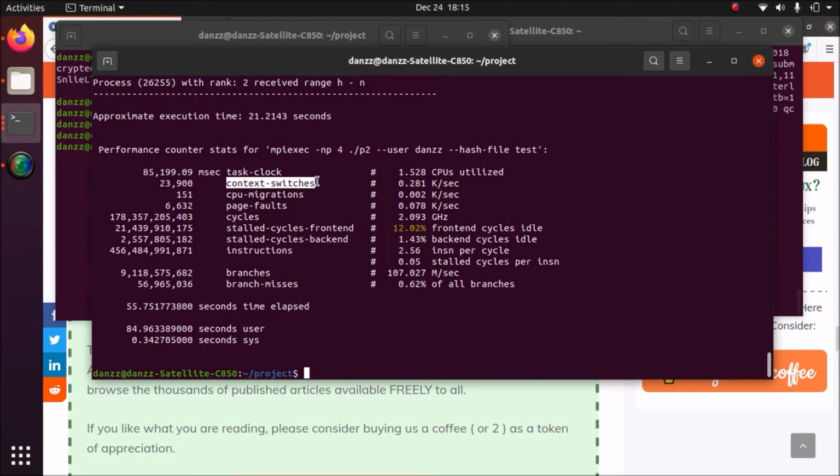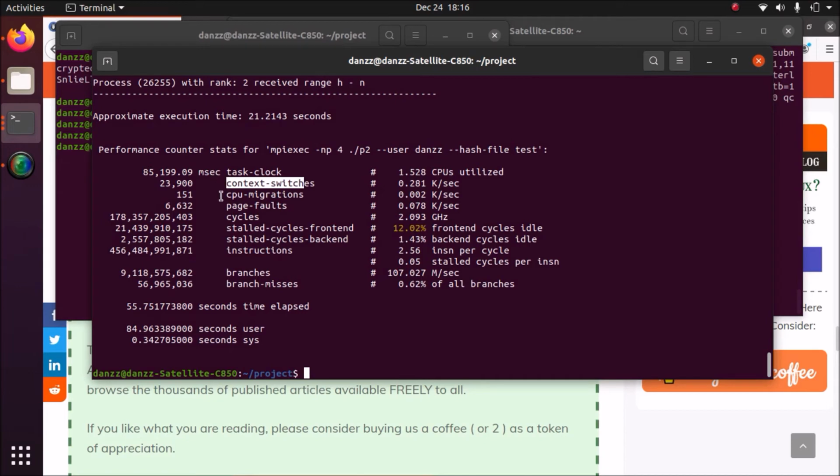Now the next metric is context switches. I have already talked a little bit about these software events. This is basically the amount of times the host OS switched the processing time from this application and gave it to some other application. There were about 23,900 context switches during the execution of this application.